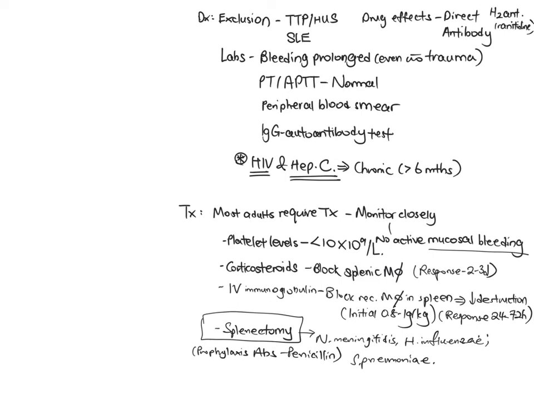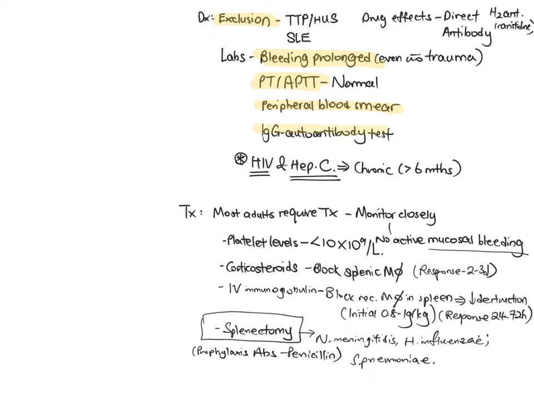So just to summarize, what we have in terms of diagnosis is largely a diagnosis of exclusion. When you perform a full blood count, you will notice there's thrombocytopenia. Bleeding is prolonged. However, PT and APTT are normal. When you do a peripheral blood smear, you'll see generally lower amounts of platelets.